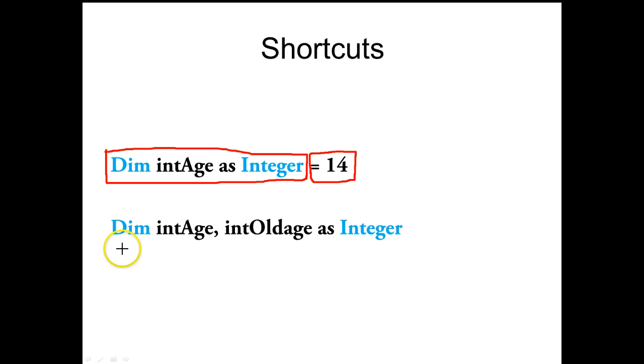Another commonly used shortcut is to declare 2 variables of the same type on one line. You just separate them with a comma, and you can declare 3, 4, 5, however many variables you need to. This is a way to declare multiple variables of the same type with the least amount of typing possible.